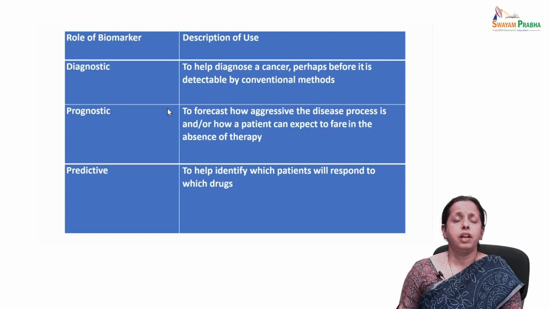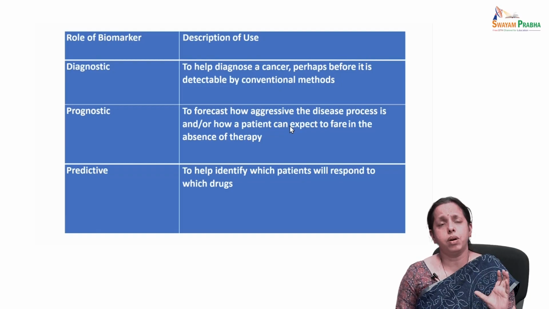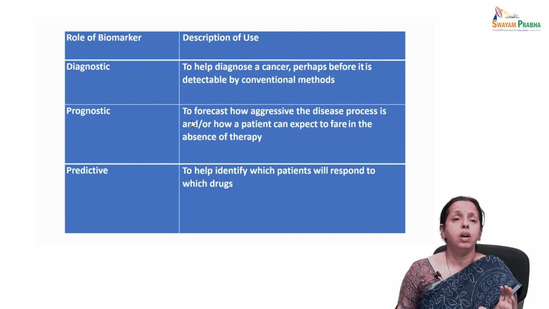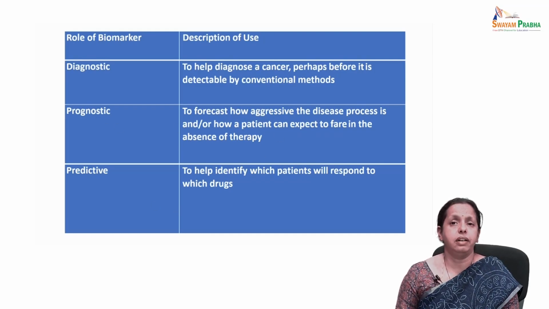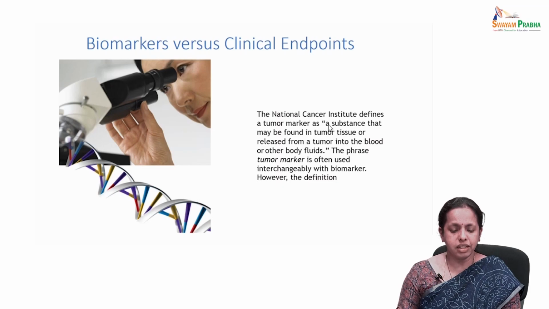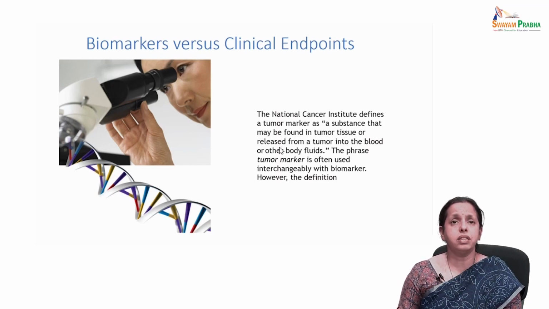For example, you have an miRNA panel, then you stratify a group of miRNA. Can you put them into one of these categories? Yes, very well done. This is how the Cancer Institute defines a biomarker versus your clinical endpoints.